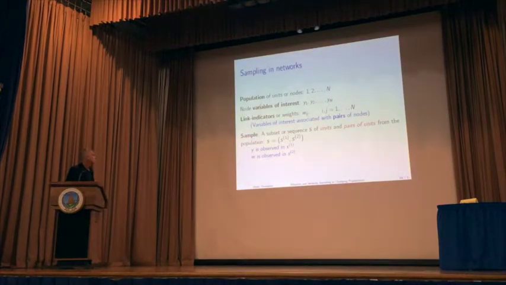And so we have, in addition to the usual units in the population and the variables of interest associated with each unit, links in the population, and also variables associated with them. So presence or absence of a relationship between people, and also what type of relationship, how strong, things like that.